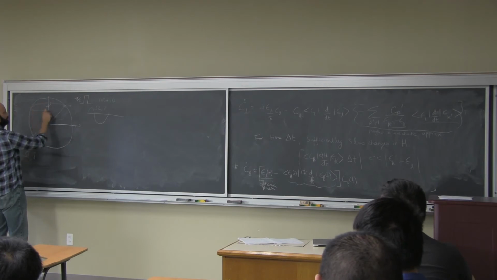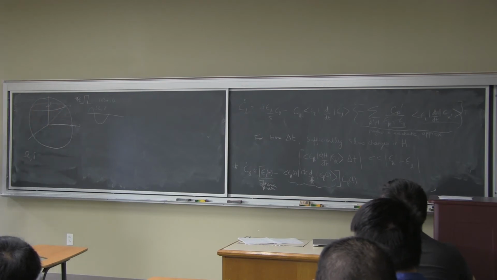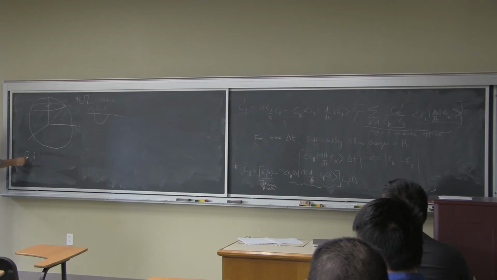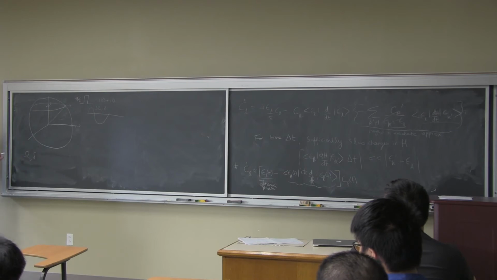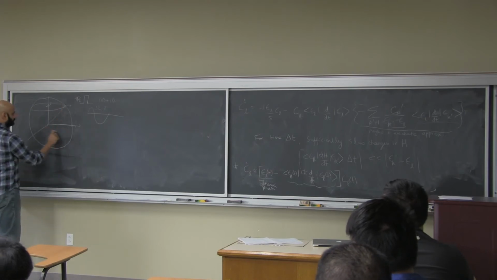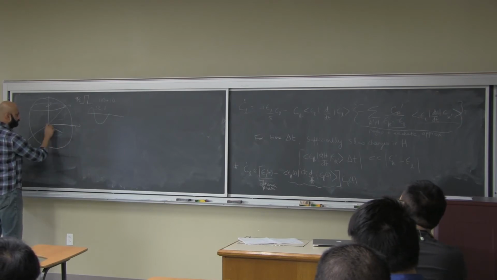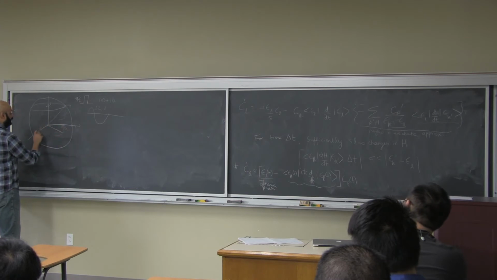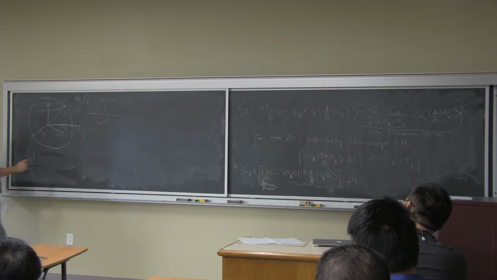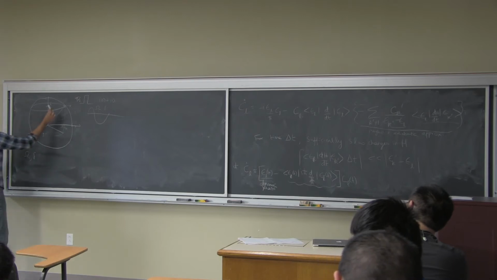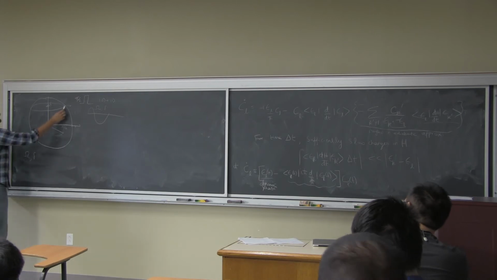So if I take the effective Rabi vector, which is basically given by this ratio between omega and delta, and the total value is the square root of omega squared plus delta squared, if you project it on here, it has some components, omega x and omega y, that are determined by the phase of the microwave.